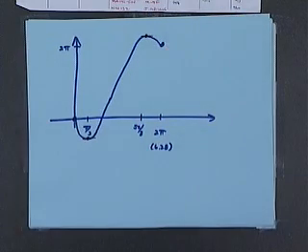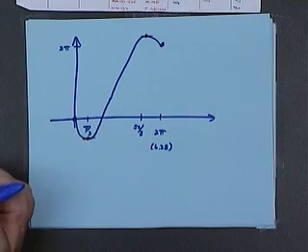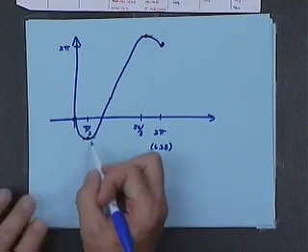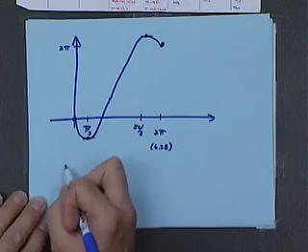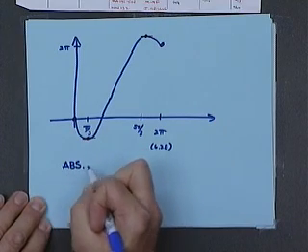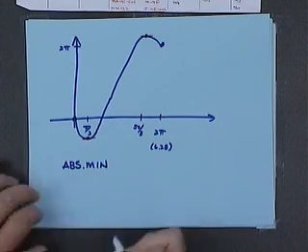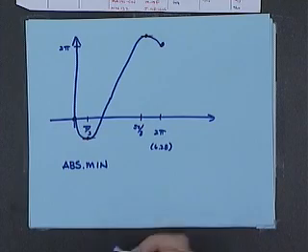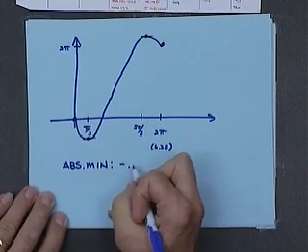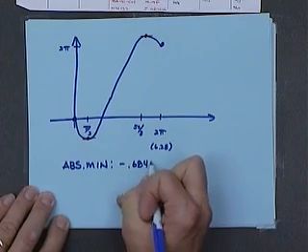Now, that's kind of rough. It's a generality of what it does, but you should be able to, as we did with the points, pick off the absolute max and min. This is the absolute min. And remember, it's the minimum value of the function. So the absolute min is negative 0.6848.